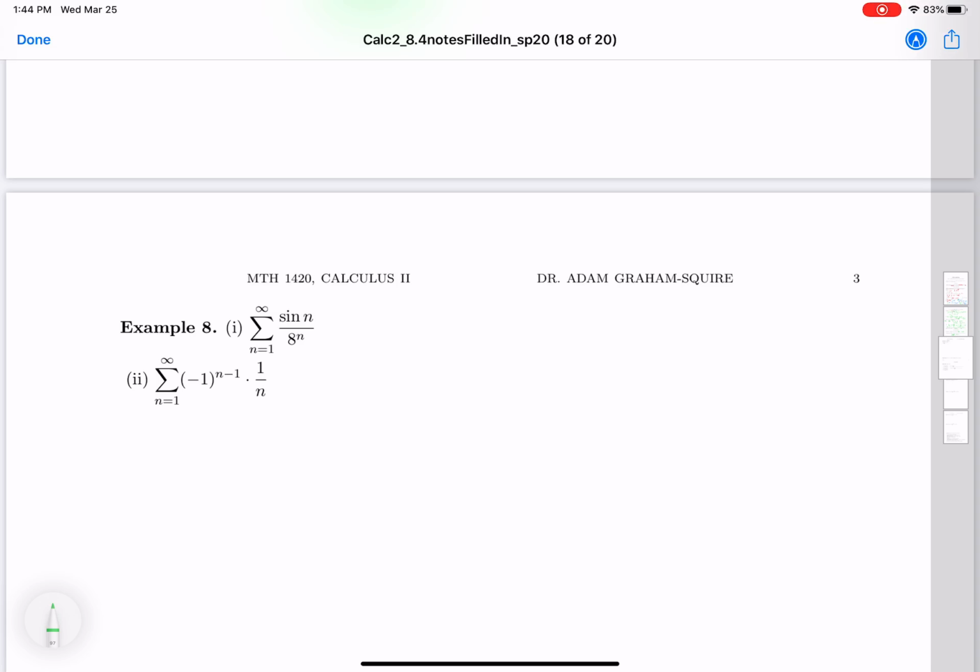I've got the series sine n over 8 to the n. If I look at this same series and I take the absolute value of the whole thing, I don't know what that's exactly going to equal, but it's definitely going to be less than or equal to 1 over 8 to the n, because the absolute value of 8 to the n is just 8 to the n, and sine of n is always less than or equal to 1.